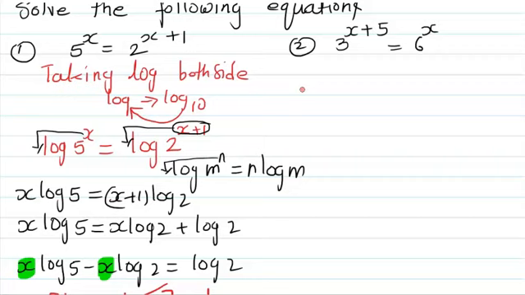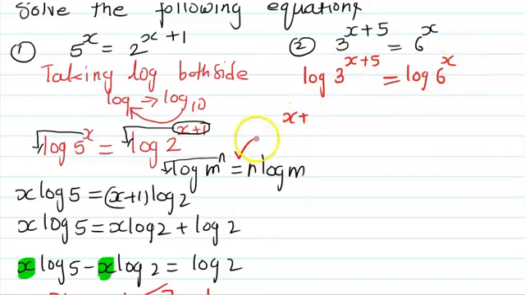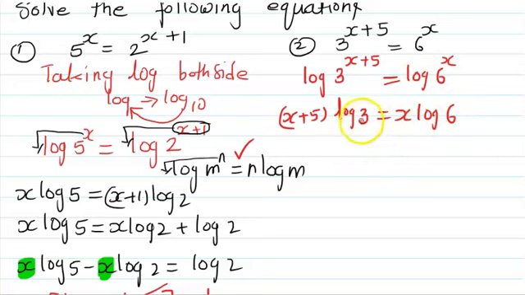So same thing, taking log both sides. So it should be log 3 to the power x plus 5 and log 6 to the power x. So x plus 5 is coming forward using this rule. So x plus 5 log 3, and here x is coming forward, so it is x log 6.